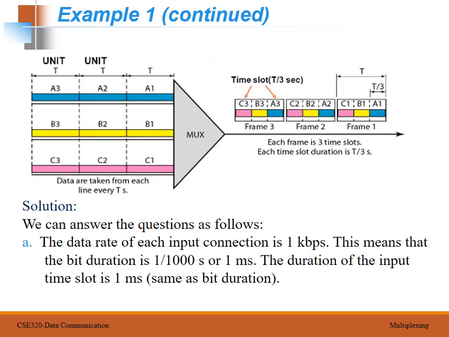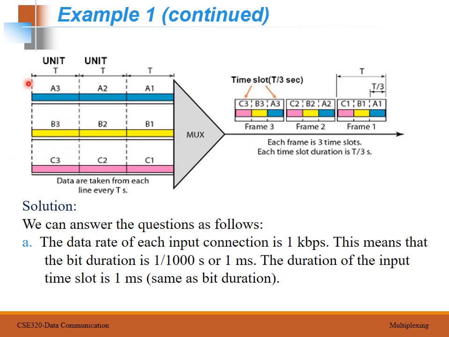For the first question, we have to find the duration of the input time slot. For answering this type of question, we saw in the previous slide that the duration is the inverse of the bit rate. The data rate of each input connection is 1 kbps. This is 1 kbps, this is 1 kbps, and this is 1 kbps.